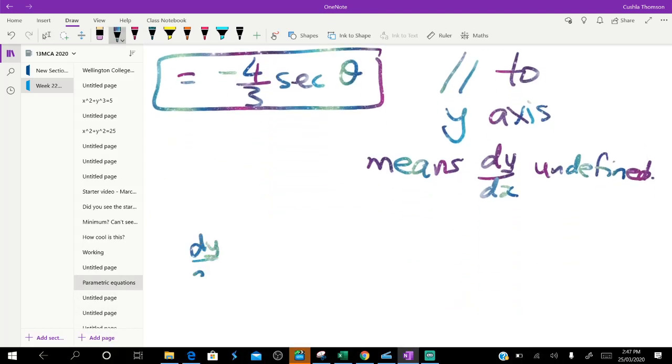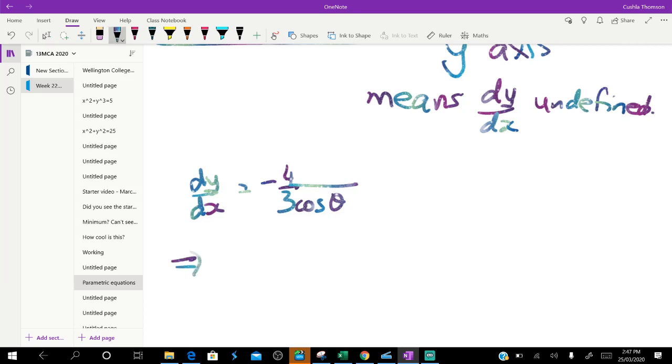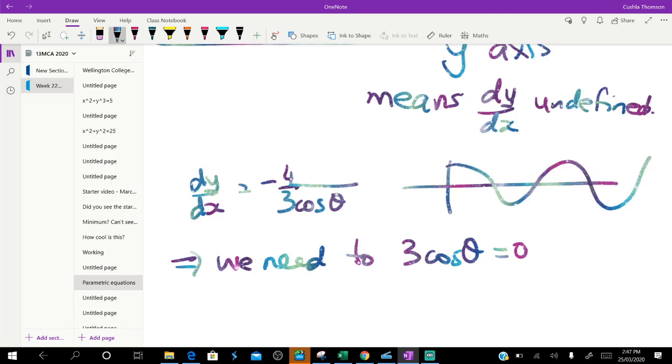dy by dx is negative 4/3 over cos theta. So we need to have, that's right, Havisha, we need to have 3 cos theta equal to 0. So this is one of those times when we sketch our cosine curve. So Jules, hopefully you've been told always draw stuff.